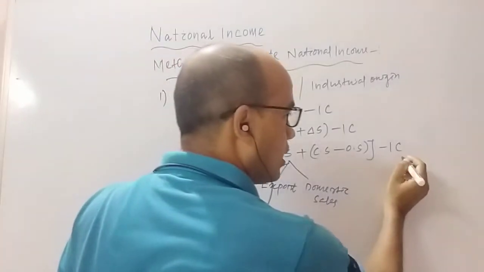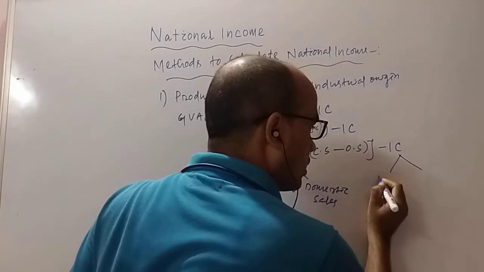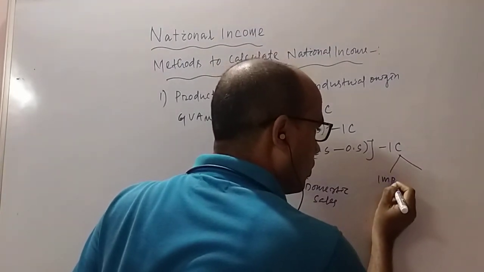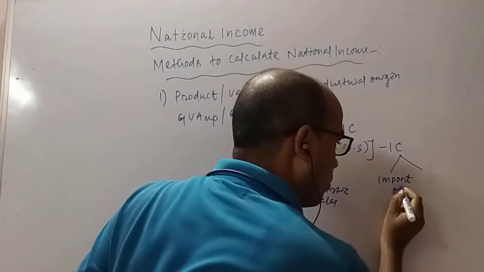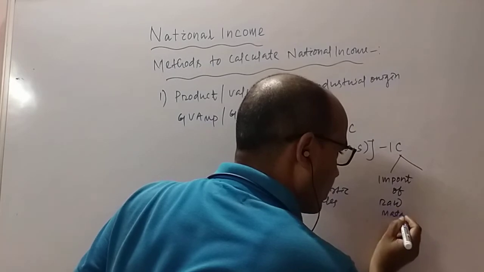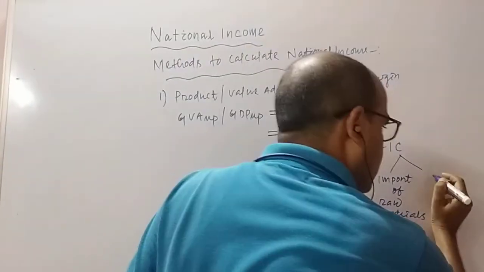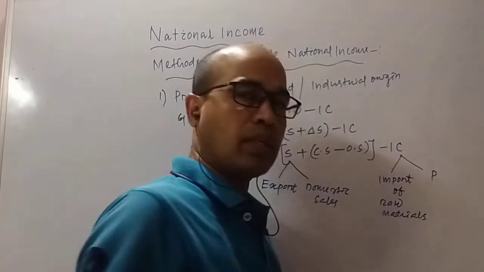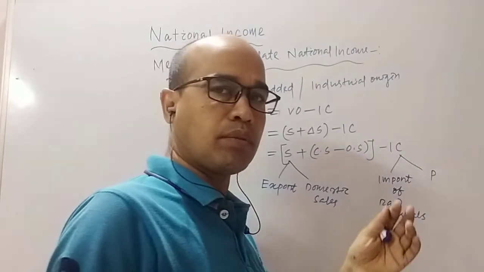Then come to IC. If intermediate consumption is not given, what do you do? It is made up of import of raw material, where you are purchasing from the rest of the world, meaning one firm can purchase a product from the rest of the world.